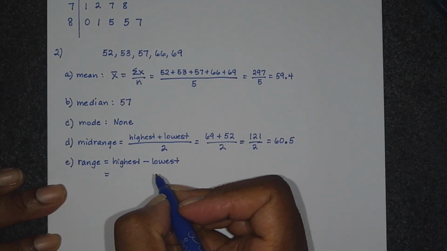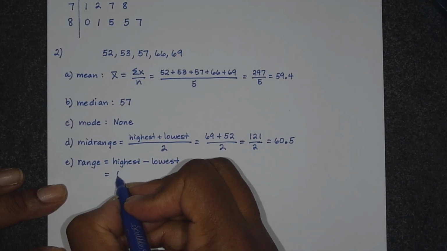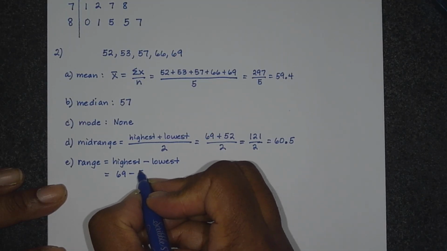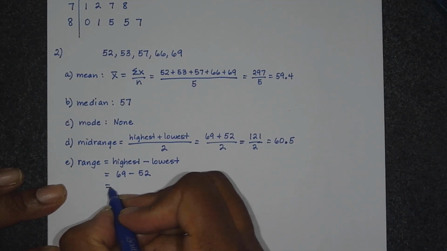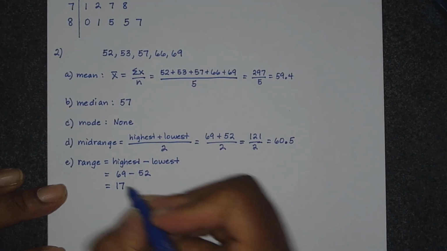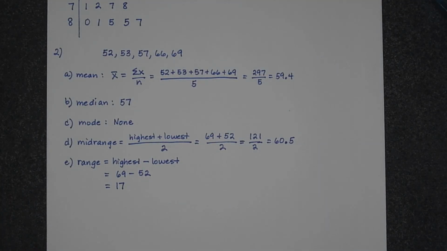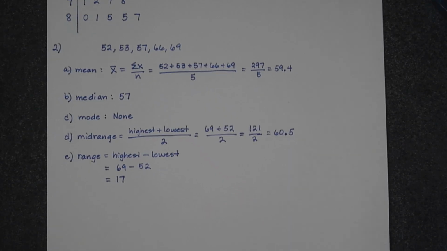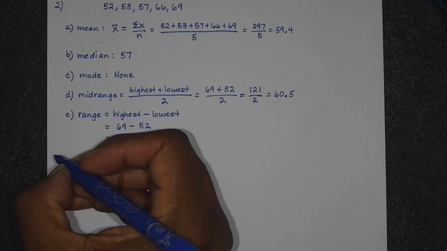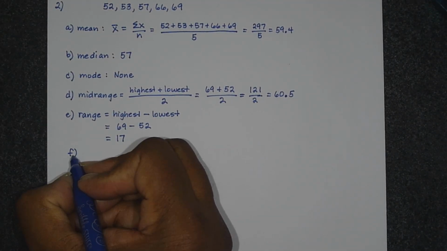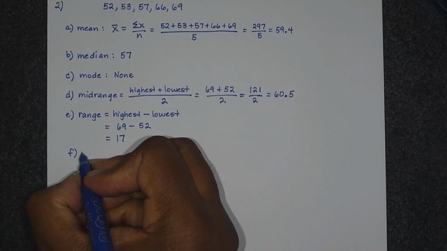So in this case here, the highest data value is 69 minus 52, that's the lowest, which is 17. So the range of that data set is 17.